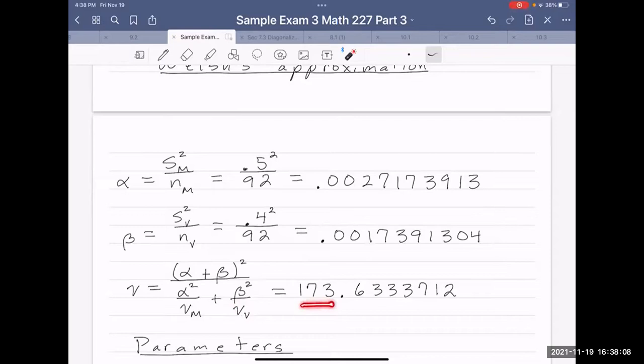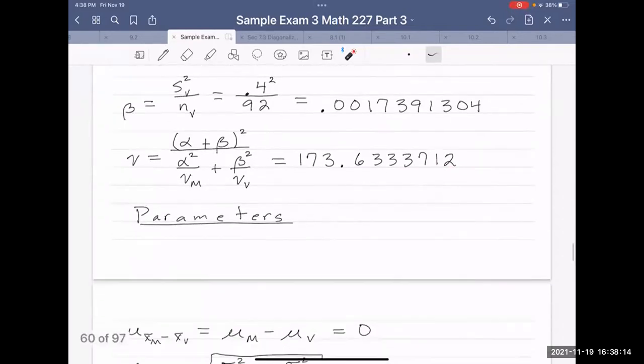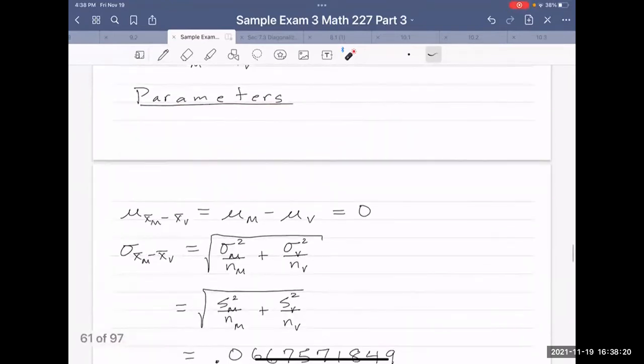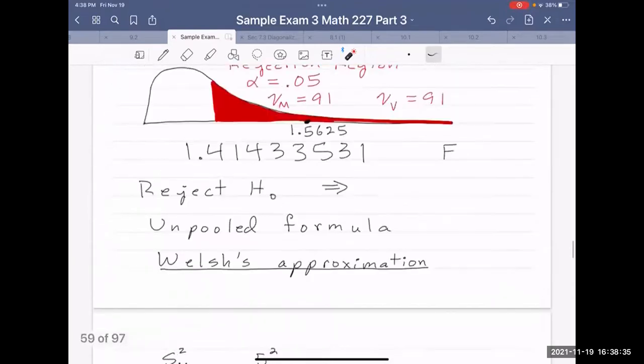So we get 173.63333712. So let me figure out my parameters. The mean for the sampling distribution of the difference of the sample means is the mean of the difference of the population means, which by the null hypothesis is assumed to equal 0.